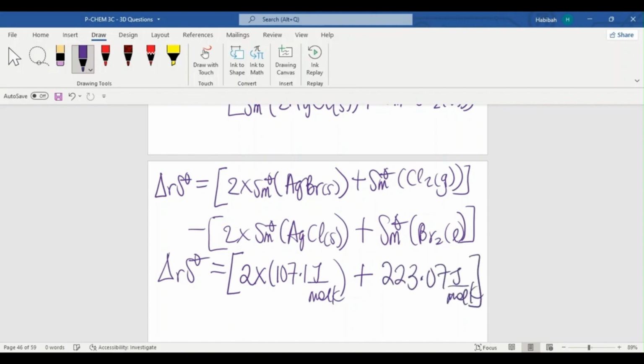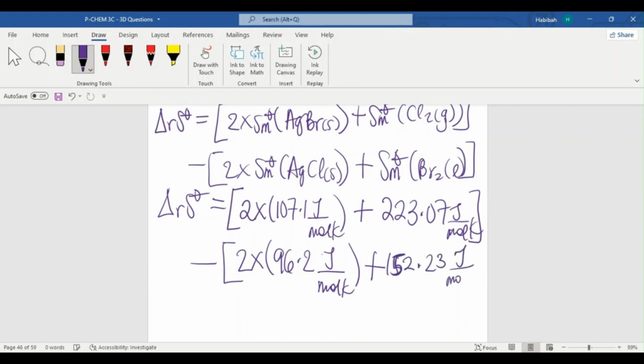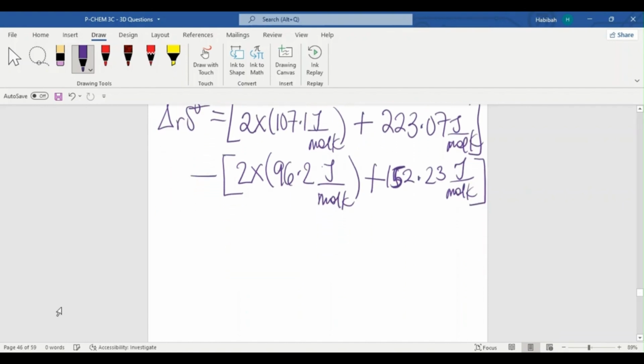Then minus, oh, I must say plus, minus 2 times the 96.2 joule per mole Kelvin, which is simply the molar entropy of AgCl, plus the molar entropy of Br2 liquid, so that will be plus 152.23 joule per mole Kelvin. That's basically how it's done.